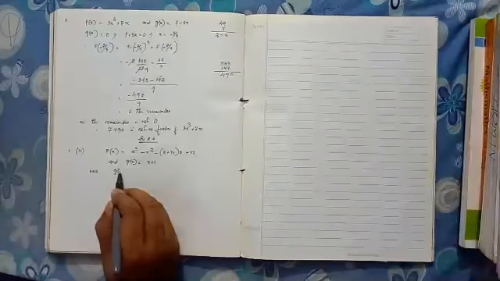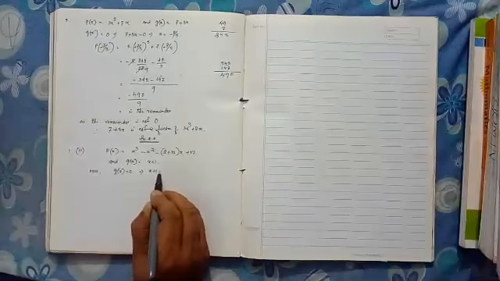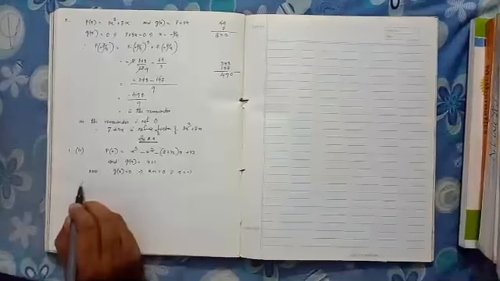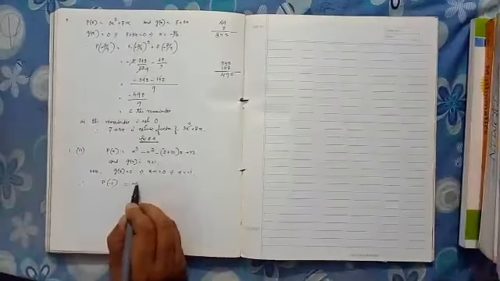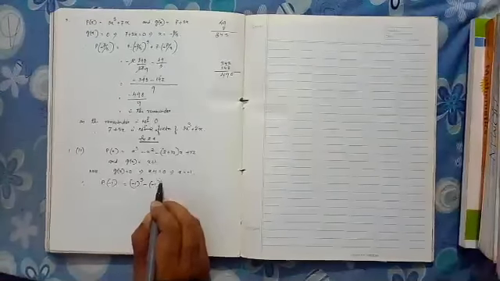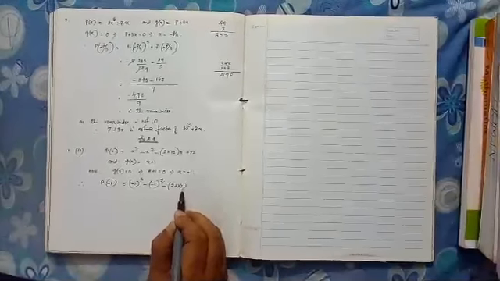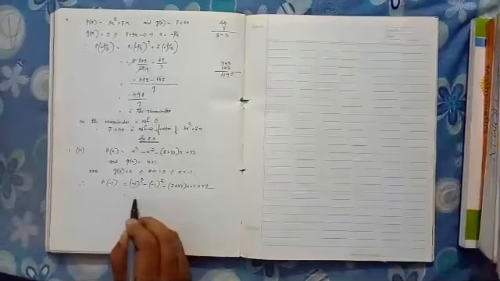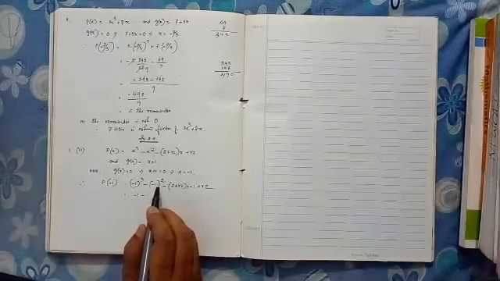Now g of x is equal to 0 implies x plus 1 is equal to 0 implies x is equal to minus 1. Therefore p of minus 1 is equal to minus 1 cube minus of minus 1 square minus 2 plus root 2 into minus 1 plus root 2. Minus 1 cube means minus 1, minus 1 square means 1.